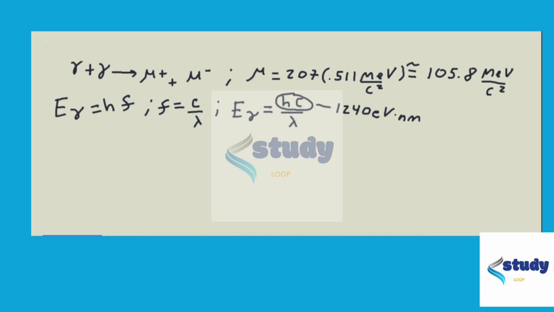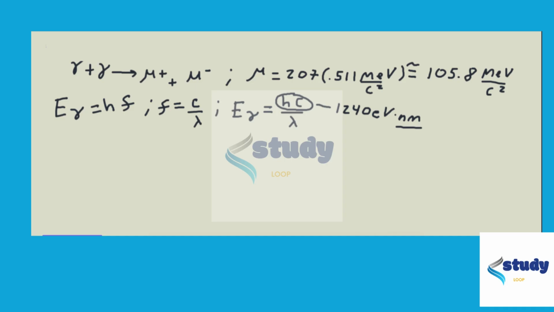Now what does this mean? h is in units of eV times second, and c is in units of meters per second. So the seconds cancel out, and the unit on meters is times 10 to the minus 9, which is nanometer.